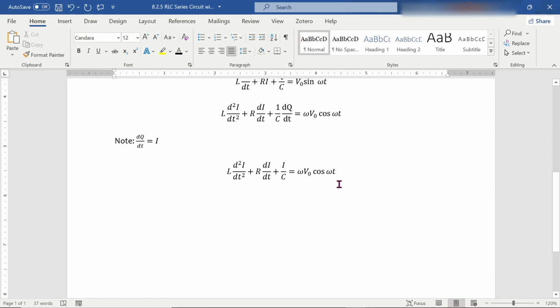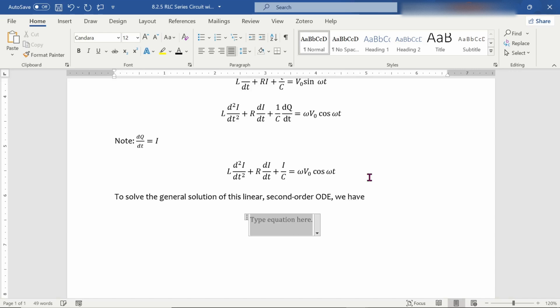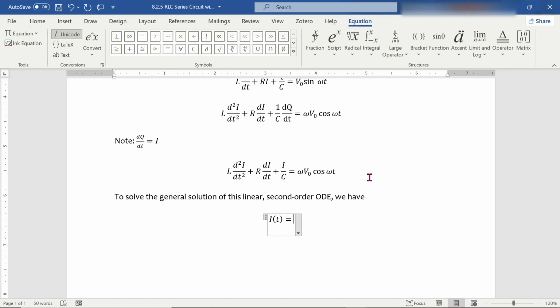But anyway, to solve the general solution of this linear second order ordinary differential equation, we have I as a function of t equal to the sum of the homogeneous solution and the particular solution.